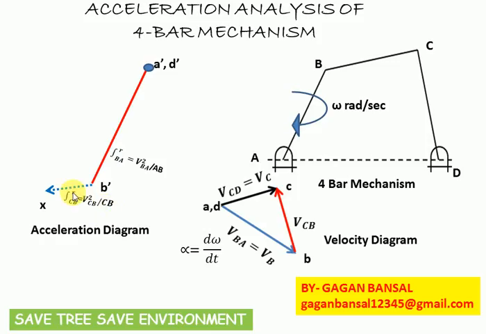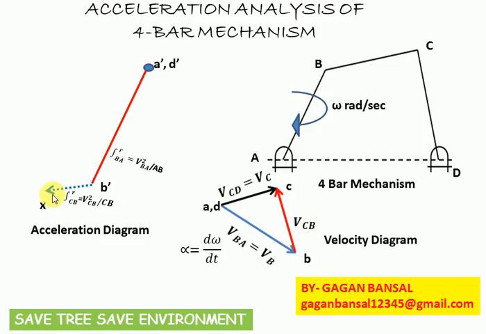That is, radial acceleration of C with respect to B is equal to velocity of C with respect to B square divided by CB, that is the distance of C from point B, and this VCB is from the velocity diagram, that is by measurement of vector BC.